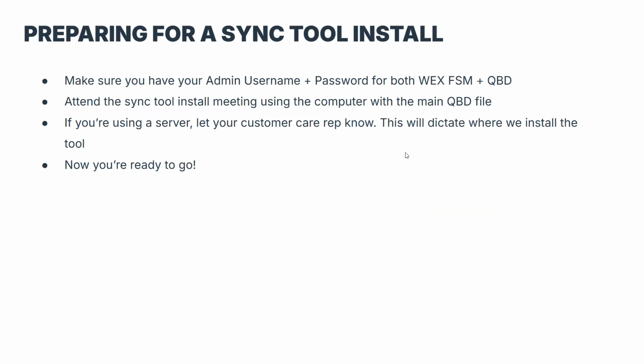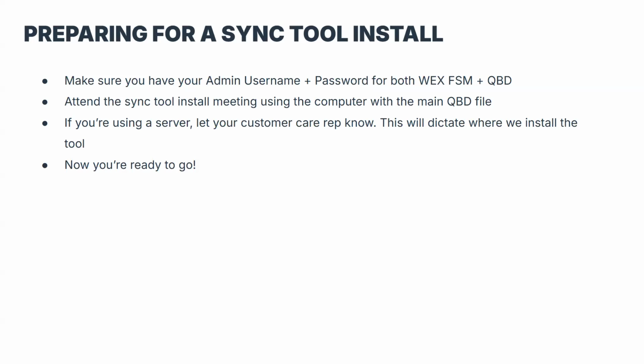To prepare for a sync tool install, again, this is for QuickBooks Desktop users. You want to make sure you have your admin username and password for both WEX FSM and QuickBooks Desktop. You will attend the sync tool install meeting via Zoom, and you're going to want to use the computer with your main QuickBooks Desktop file on it.